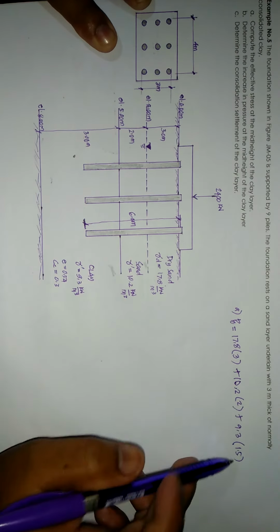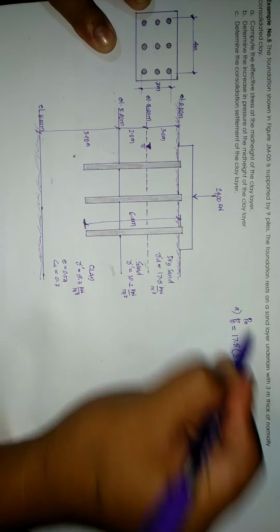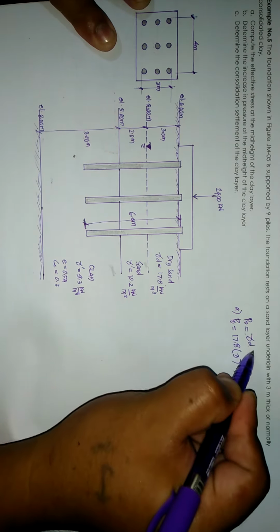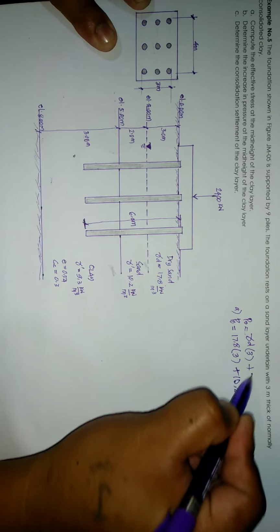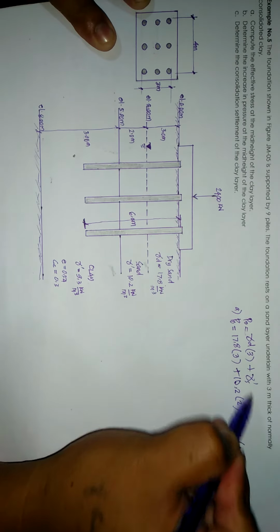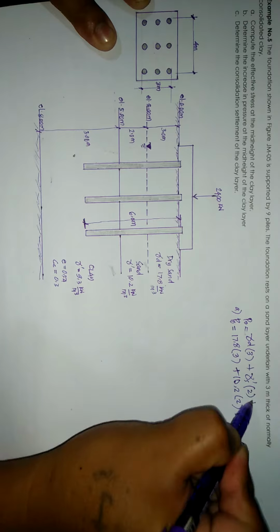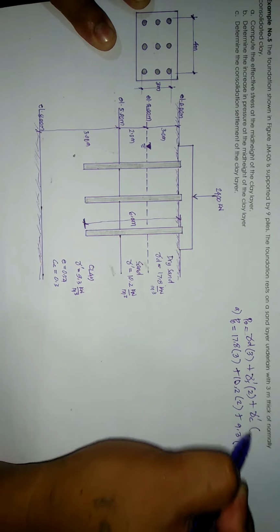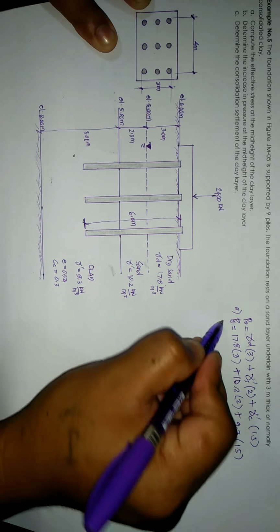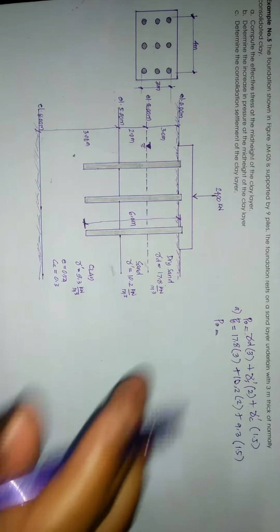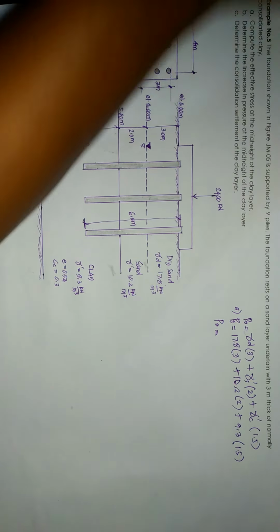Bakit 1.5? Ang unknown is mid-height of the clay layer. Okay? So, sulat kang Po mo dito is gamma dry times 3 plus gamma prime for your sand times 2 plus gamma prime for your clay times 1.5. Okay, so this one is your effective stress. So, where's my calculator?